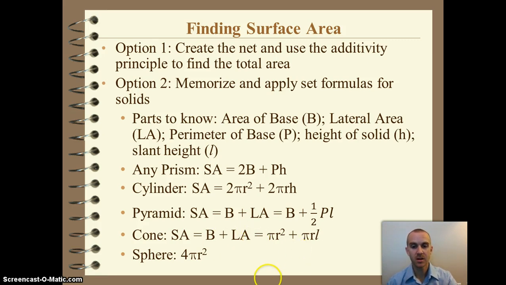The pyramid, we have the area of the base plus 1/2 the perimeter of the base times the slant height, so the slant height of the sides. The cone is going to be pi r squared, that's the area of the base, plus pi r times the slant height, with r representing our radius. And a sphere is 4 pi r squared.